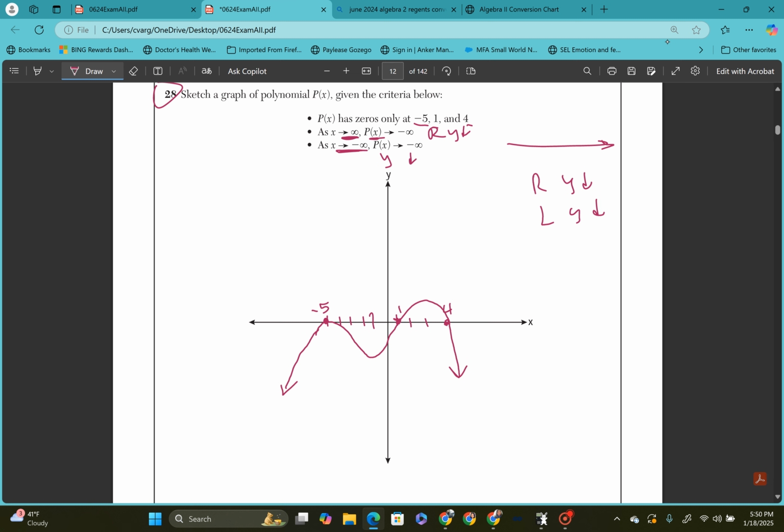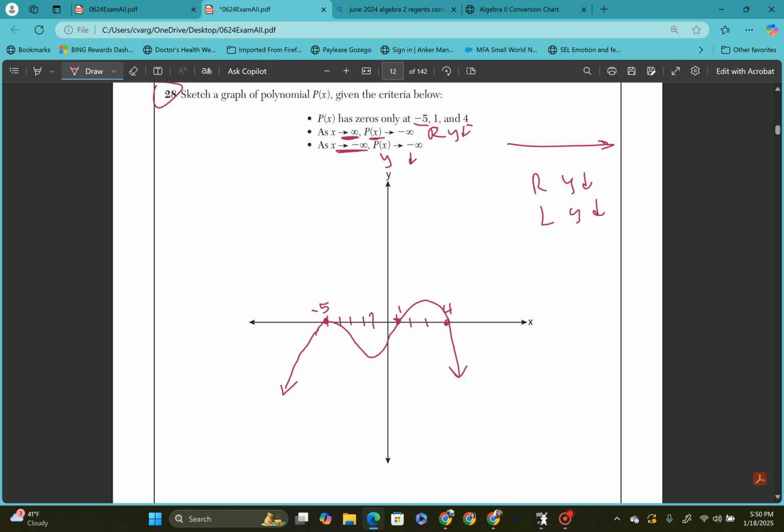Okay. But we know that as we go to the left, it has to go down, and as we go to the right, it has to go down. So that's why we're not starting up, right? We're starting it down, and it hits at -5, and then it has to go right through 1 and 4. So this is the way that our graph can look.